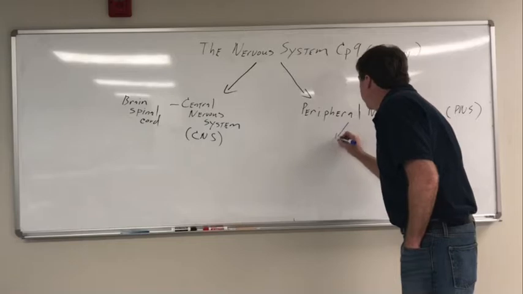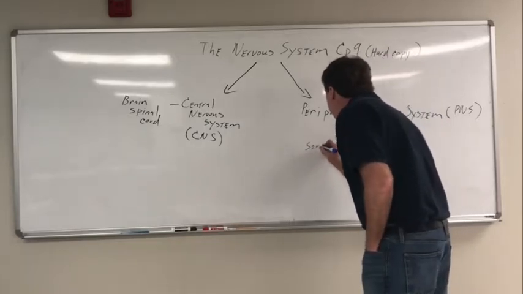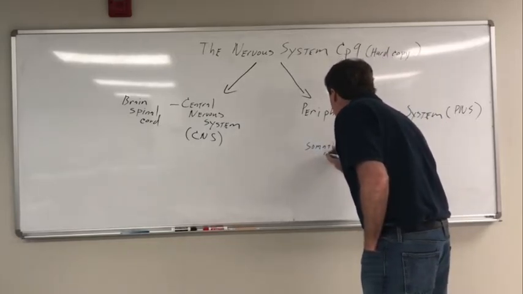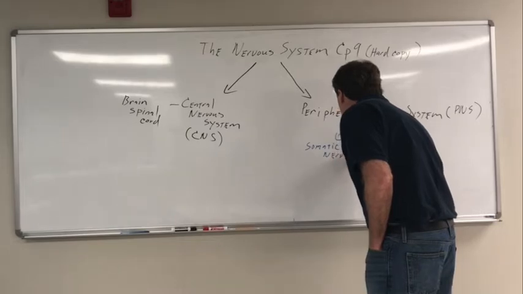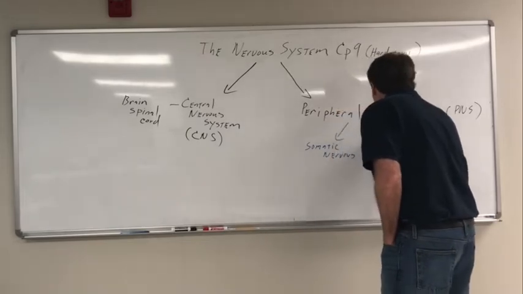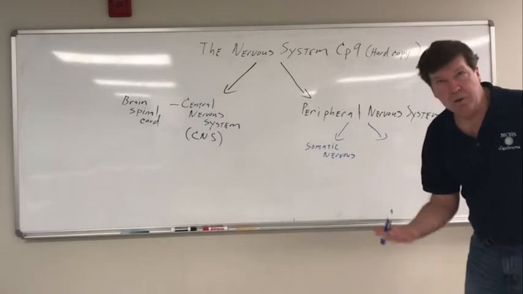This can be broken down into the somatic nervous system, and the autonomic nervous system.